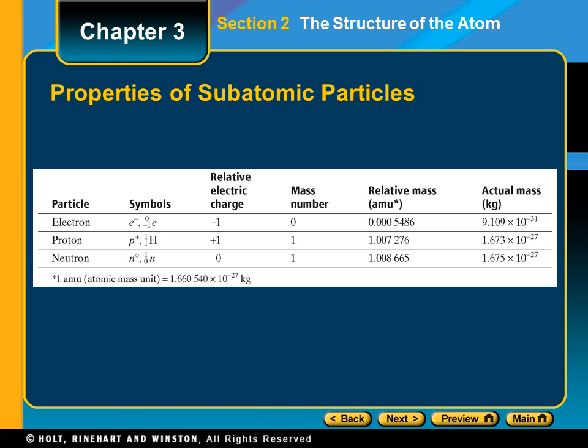Note that the mass number for electrons is 0. It's not really 0, right? By definition, if the electron is a thing, it has to have mass. But we know that its mass is so small, especially compared to the other two, that we consider it to be negligible, and we do not include it in the calculation of the mass of any atom.